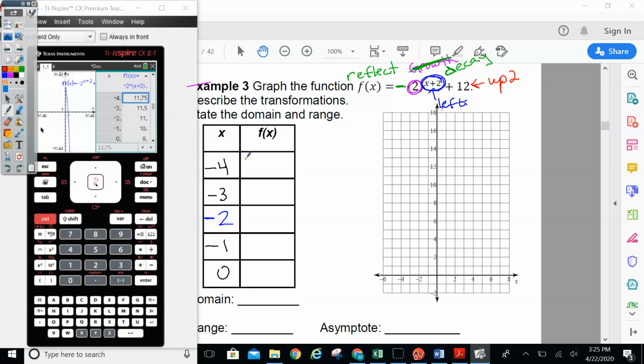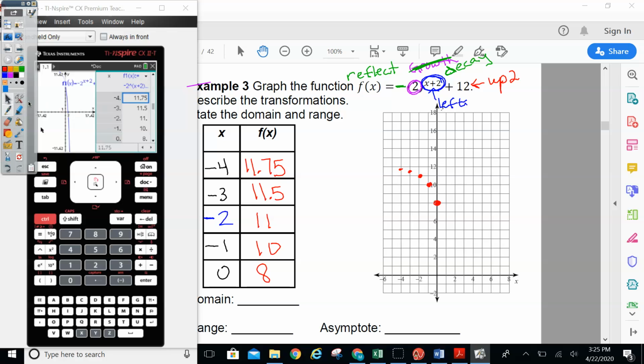So -4 is at 11.75, -3 is at 11.5, -2 is at 11, -1 is at 10, and 0 is at 8. So 0 is at 8, -1 is at 10, -2 is at 11, -3 is at 11.5, and then 11.75.